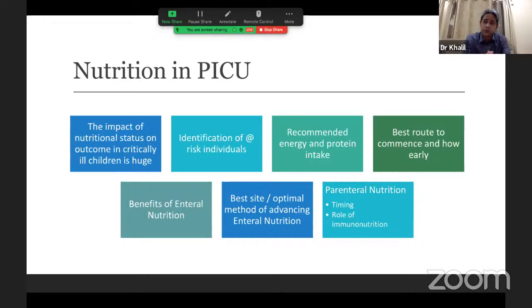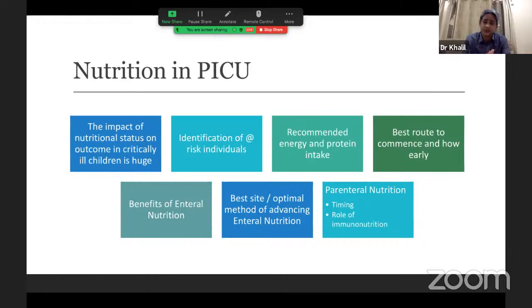I mean, those small feeds which can help in maintaining gut integrity. So always your target should be to start nutrition for these children at the earliest, unless and until there is a clear-cut surgical contraindication. Every child in the PICU should not be deprived of this.